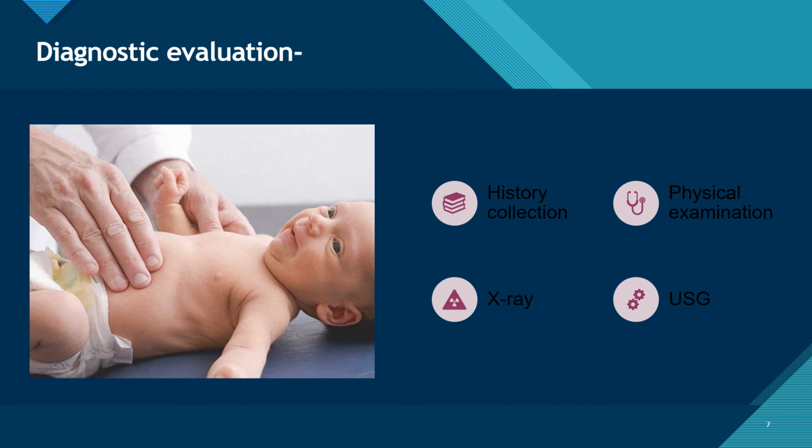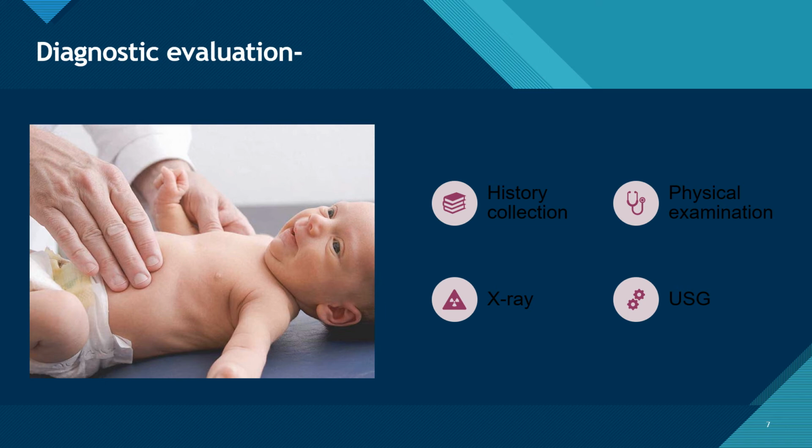Next is physical examination. During physical examination also, the physician will find out if there is any abnormal mass on the abdomen. They will perform palpation, and during that palpation they can find out the pyloric stenosis in the baby.